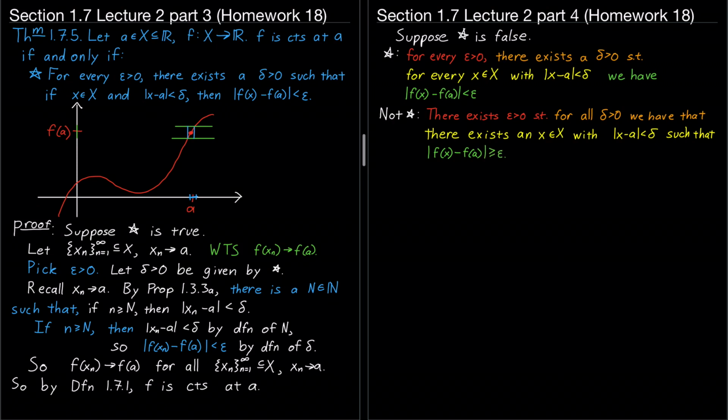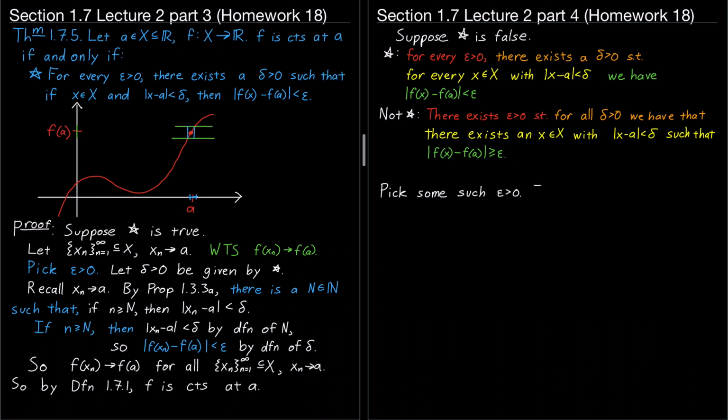So now we're going to pick some positive epsilon such that the condition I've labeled not star holds. And then I'm not actually going to look at all deltas. I'm going to look at a very particular sequence of delta.